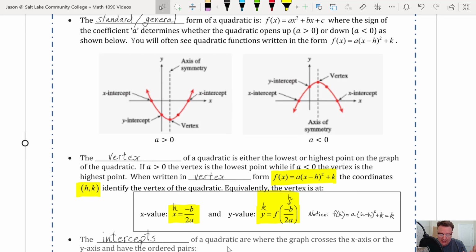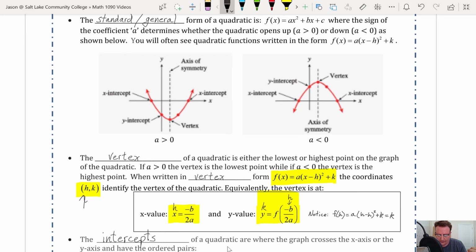The h part of the vertex from this h, k pair, where h is the x coordinate of the vertex and k is the y coordinate of the vertex, is going to have the value of negative b over 2a. Now, where does that negative b over 2a come from? I'm not going to go into that in this section, but your book does have a discussion of that.